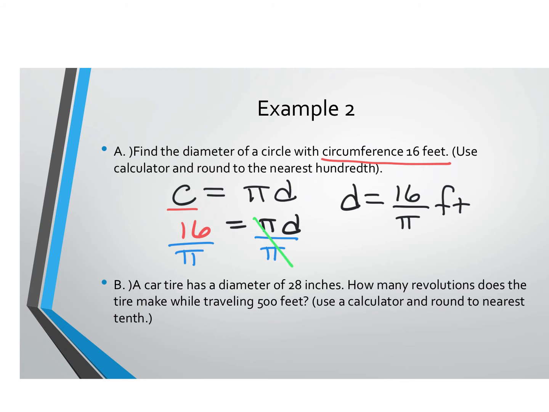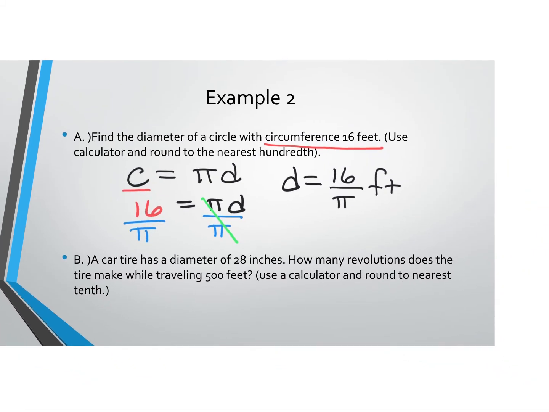However, if the instructions, like here, say use your calculator and round to the nearest hundreds place, you will do 16 divided by pi. Once you do this on your calculator, you're going to get 5.0929 rounded to the hundreds place, 5.09, and these are feet.